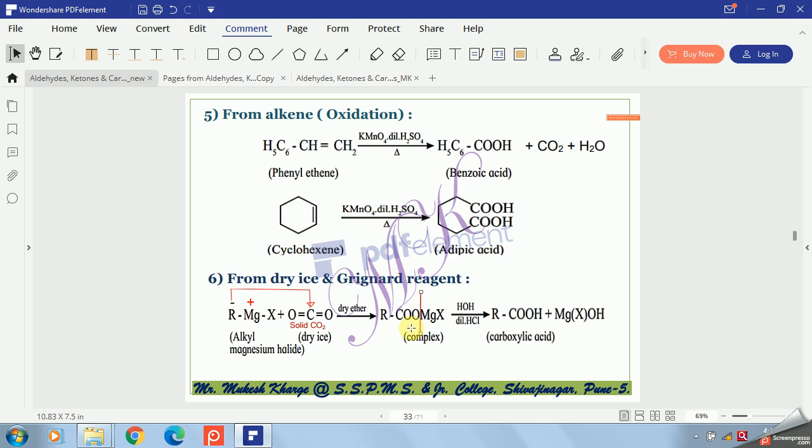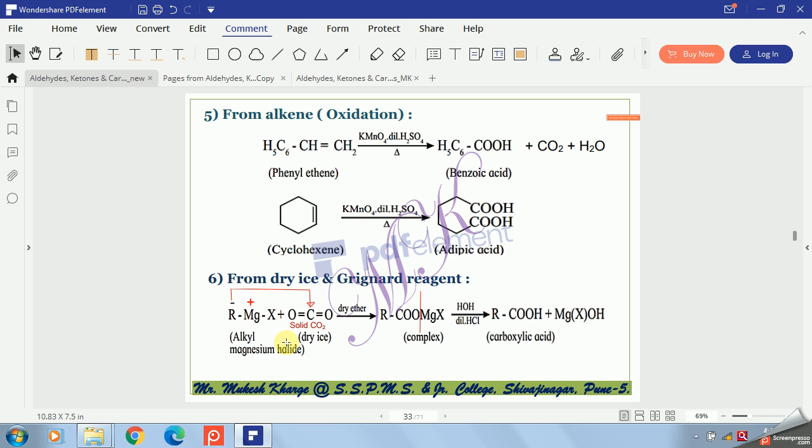In this way we break the bond, and as oxygen is more electronegative than magnesium, it takes the hydrogen, so we get RCOOH, and MgX reacts with OH, so we get MgXOH. Okay, and this addition of water takes place in presence of acid, so it is acid hydrolysis.